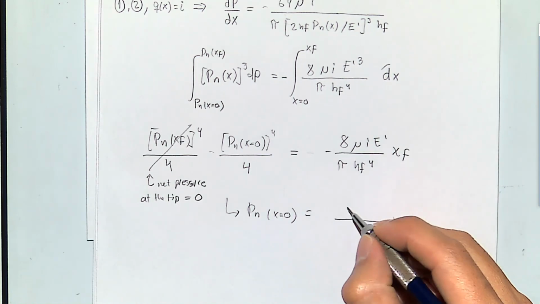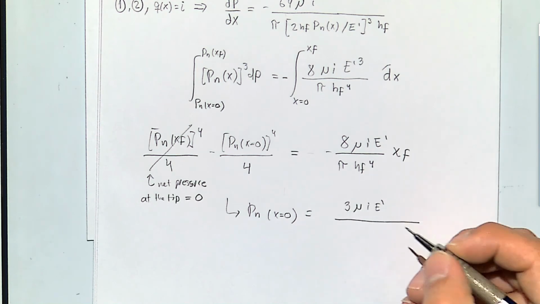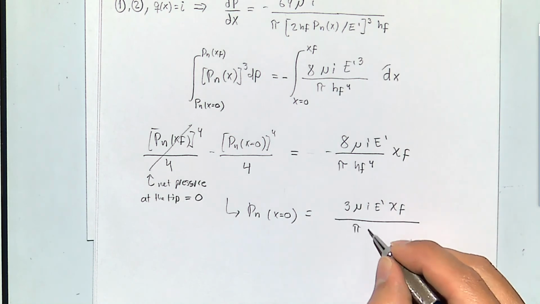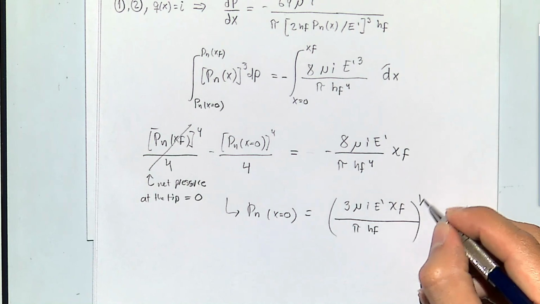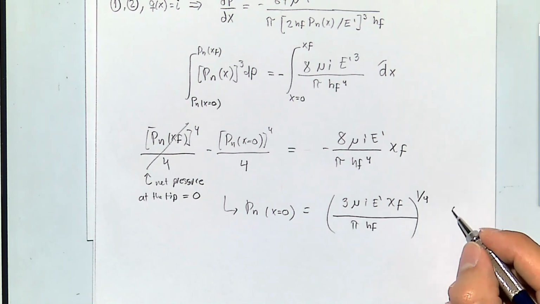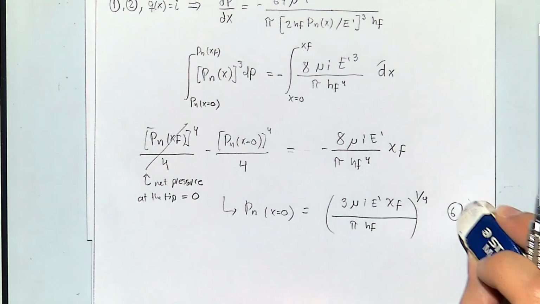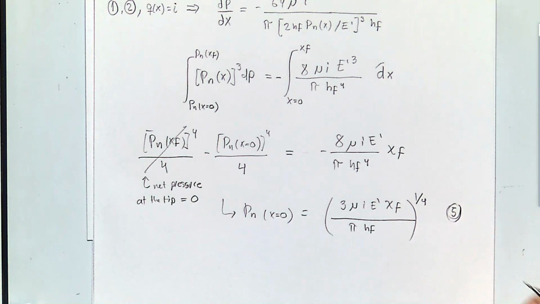It's just math. This is going to be all to the 1/4. This is going to be equation number, the last one was 4, right? So this one is 5. This is going to be equation number 5.